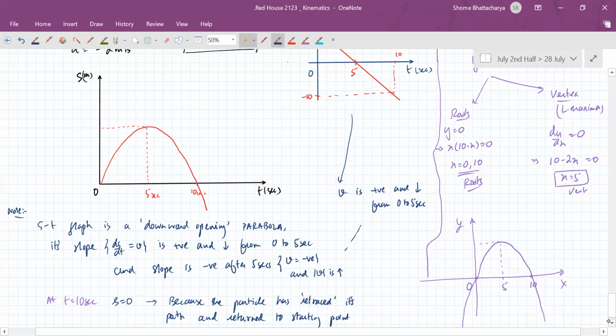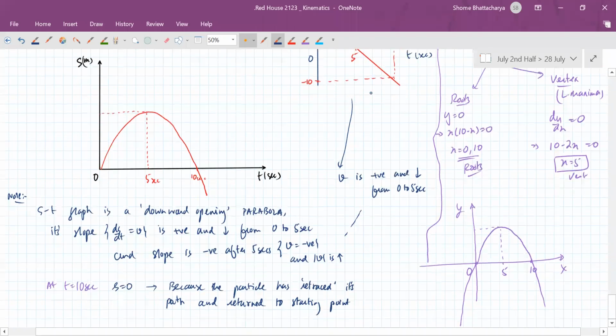You can also see in this graph the area, algebraic sign included. So the area from 0 to 10 seconds is 0.